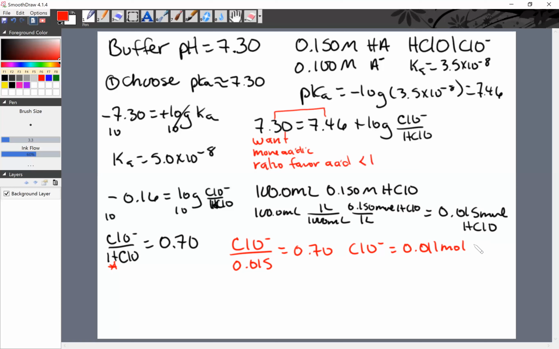Well, how much base do I need? What concentration am I starting with? I told you to use a 0.1 molar bottle. So, if I need 0.011 moles of my chlorate, I know that 0.10 moles is in every liter, and then I'm going to convert out to milliliters. You don't have to convert out to milliliters, but I did, and I'm so sorry that I keep sniffing in your ear.